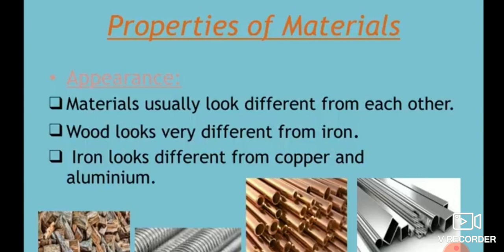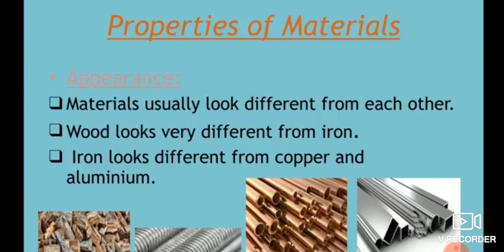These are the important properties of materials. A material is a substance which is used in making different objects. Examples of materials are wood, paper, leather, plastic, cotton, etc. From materials you can make different objects.